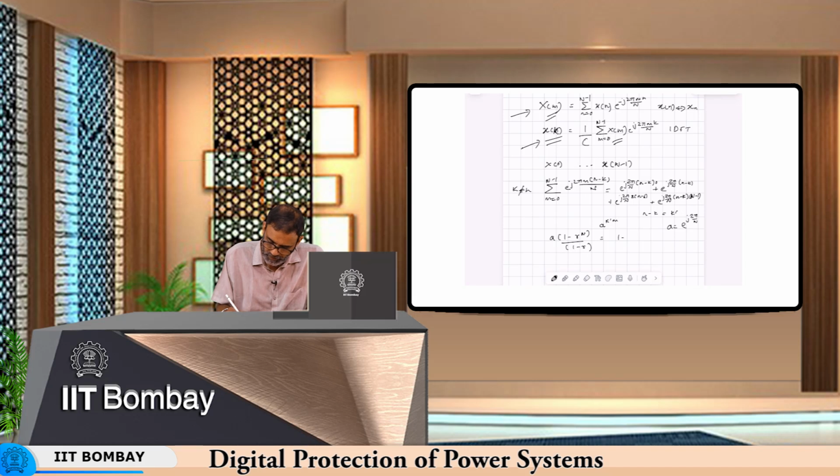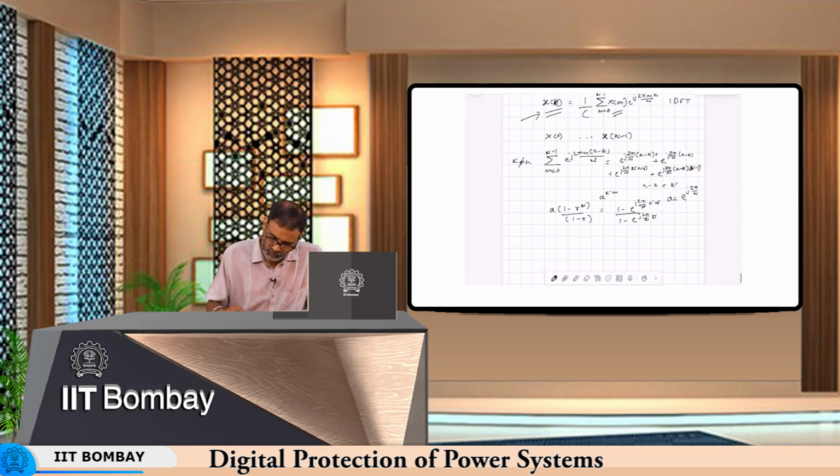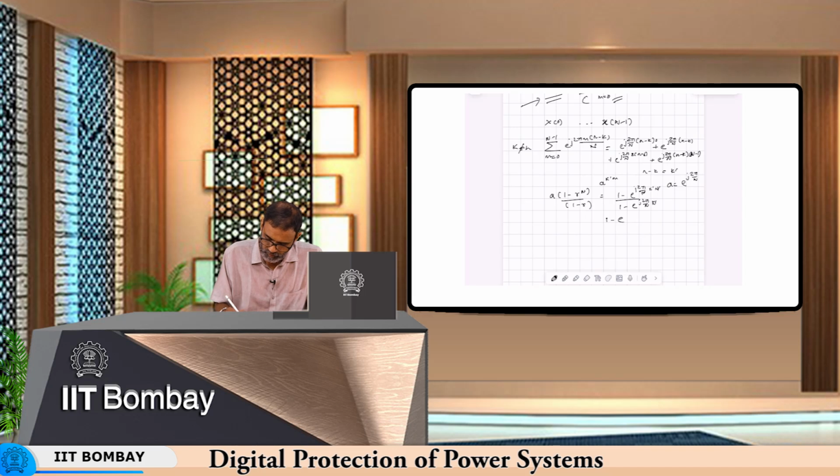This will become 1 minus e raised to j 2 pi k dash, and since n and k are both integers, k dash is also an integer.